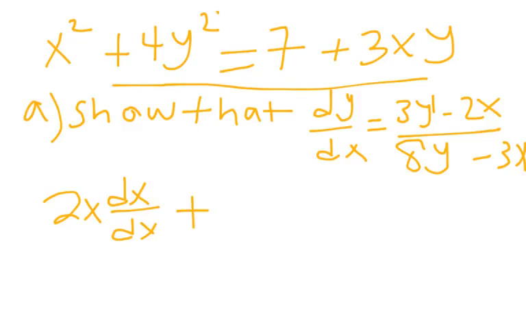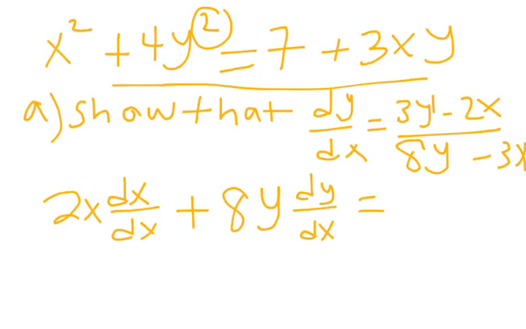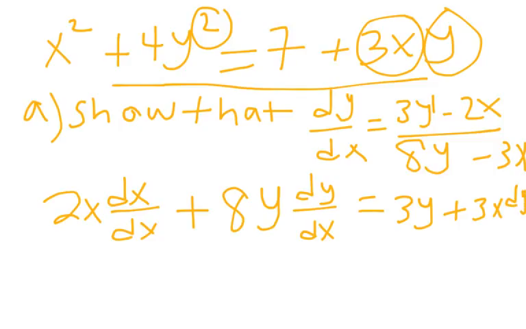Then we multiply the power 4 down, so 8y dy over dx equals, so we have 7, it's a constant, so it's a 0, and for 3xy, we take the product rule, and the answer will be 3y plus 3x dy over dx.